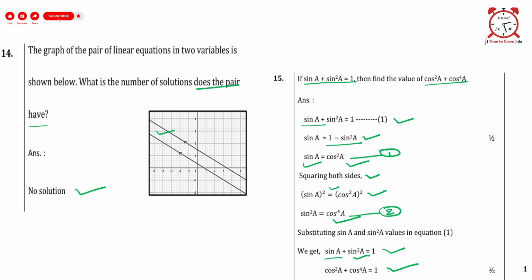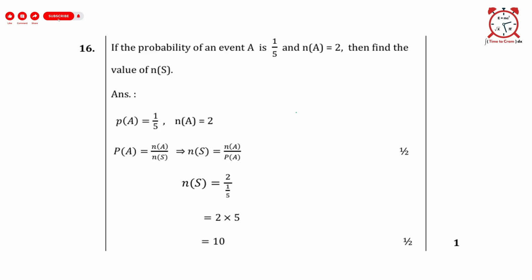Next question, question number 16. Okay, the probability of an event A is 1 upon 5 and Na equal to 2. Na is what? Favorable outcomes. Then find the value of Ns. Ns means what? Total number of outcomes. So the formula is P(A) equal to 1 upon 5, Na equal to 2.